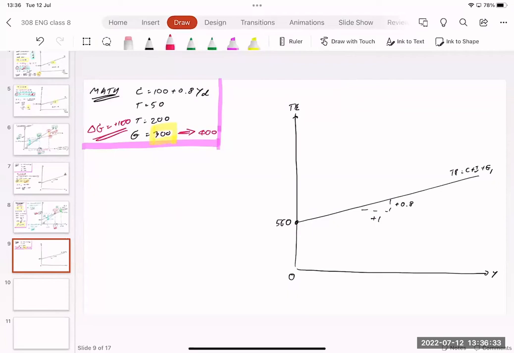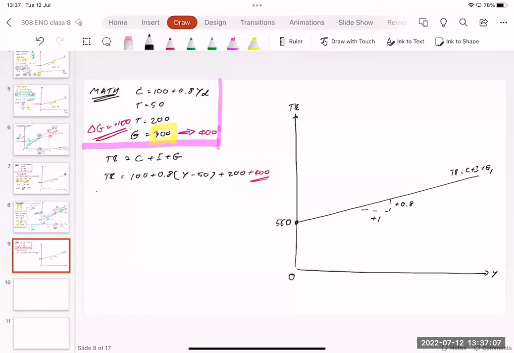If the government increases their spending from 300 to 400, everything is going to change. We can calculate everything again, starting with the main equation: total expenditure equals C plus I plus G. Consumption is 100 plus 0.8 YD, where YD is Y minus T, plus I, and plus the new G. The new G right now is 400.